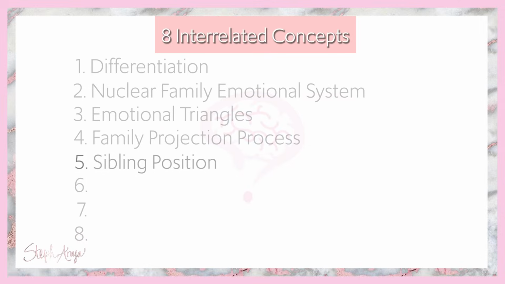So speaking of sibling position, that is the fifth interrelated concept that Bowen talks about. One of the most talked about sibling positions is the oldest child. The oldest child in a family typically takes on more responsibility for caring for their siblings, and they might be that child that is getting the most attention from the parents or being leaned on the most heavily by the parents.